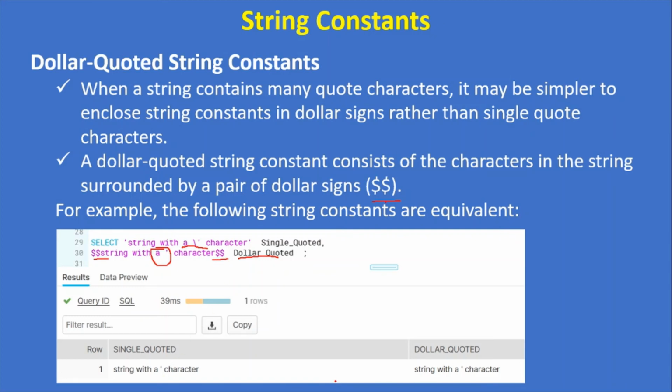If you see, the output is the same for the single quoted and dollar quoted. This is the difference when you have multiple single quote characters. Instead of using the escape character, you can simply use the dollar dollar symbol around the string. You keep your string, and at the beginning and ending you keep the dollar dollar. That is the major difference. You see, the output is the same here.